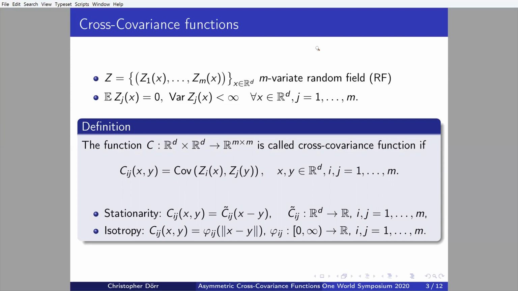If a cross-covariance function is translation invariant, we call it stationary. If it can be even represented by radial functions, we call it isotropic. For notational convenience, I will simply write C of h, with h standing for the lag vector x minus y in those cases.